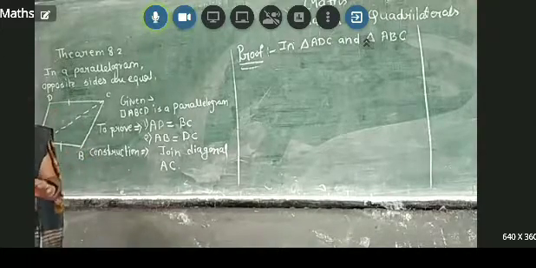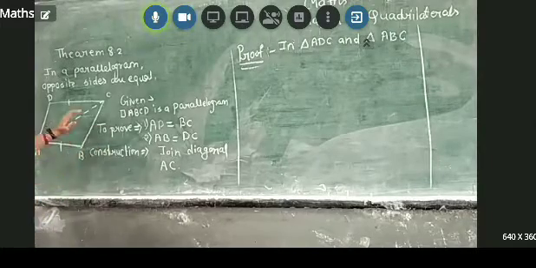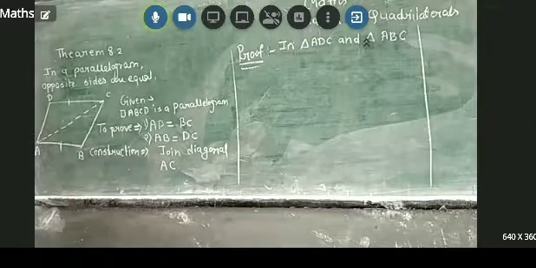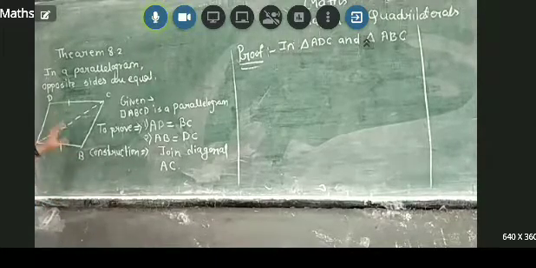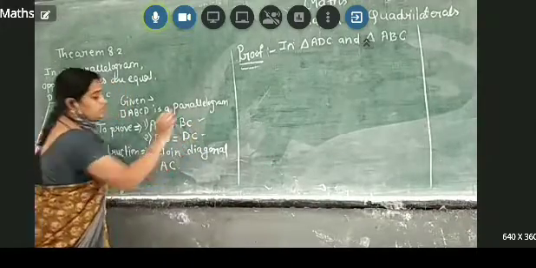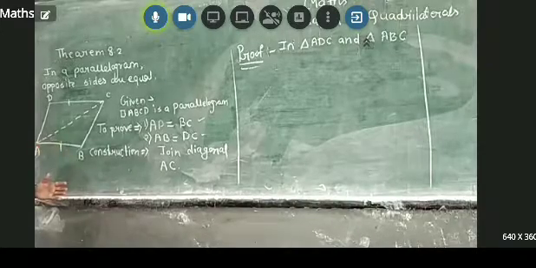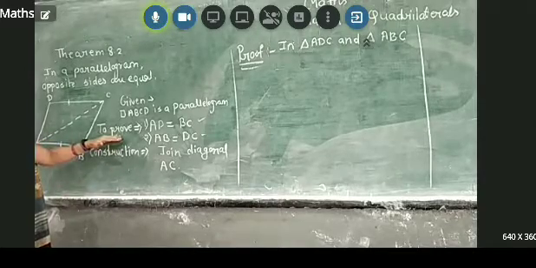So here we have to take the things which are equal, or we can use the properties of a parallelogram also. If things are not given to us, then by using the properties of a parallelogram we can prove that. But the first property, that opposite sides are equal, we cannot take here. Why? Because that thing we have to prove.